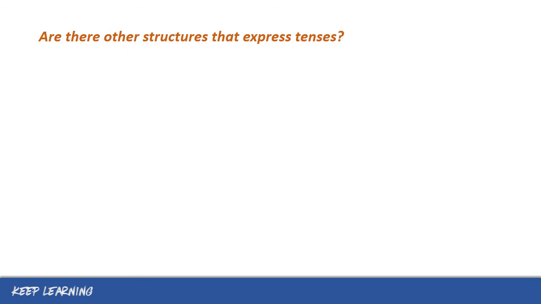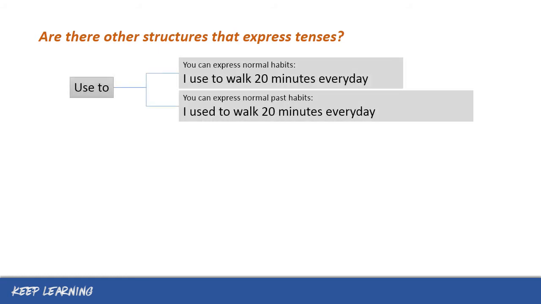Now, other structures that may express tenses. Used to is a structure that can help you express some tenses. You can express normal habits, like I used to walk 20 minutes a day.